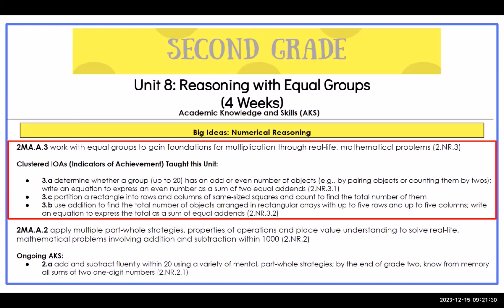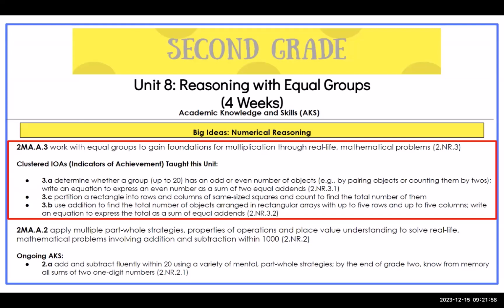Notice that this IOA is clustered with IOA 3B and appears before 3B on the pacing. IOA 3C intends for students to count squares with an array in order to give students the background that they need to associate addition and multiplication equations with the arrays of rows and columns while addressing IOA 3B.